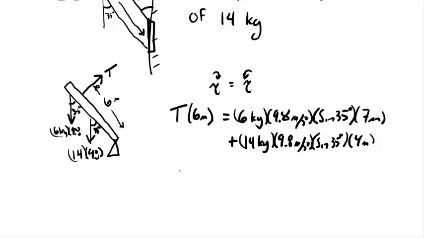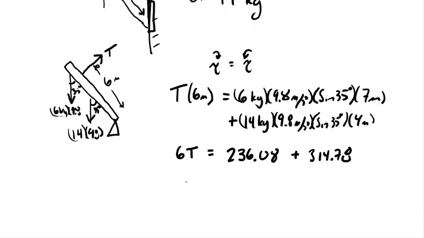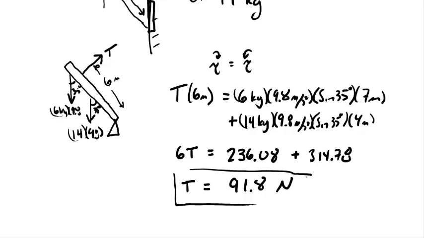So if I simplify here, I will have 6T is equal to 236.08 newton meters plus 314.78 newton meters. And we work this out, and tension works out to 91.8 newtons. And that's the end.